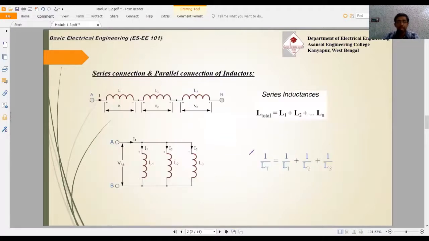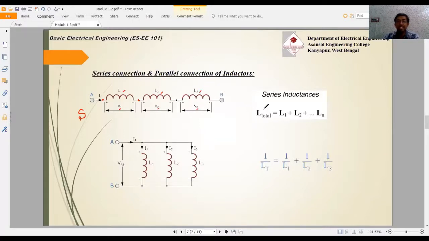Okay. Now series and parallel connections of inductors. As you can see, this is L1, L2 and L3. So what type of connection is this? By observing you can say that this is a series connection. For a series connection, V1, V2 and V3 voltages are developed here.